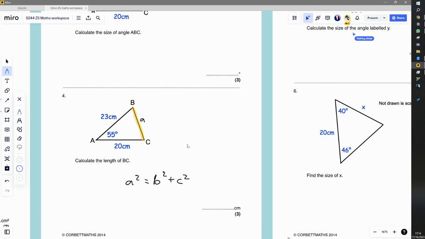So we just add the other two sides, then we remember to minus, not plus, 2 times both sides multiplied, and then we multiply that by the cos of the angle that's opposite that length, cos 55. Okay, so then we just sub in 23 squared plus 20 squared minus 2 times 20 times 23 multiplied by cos 55.